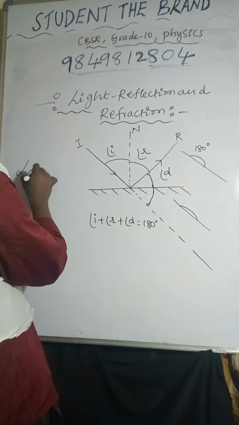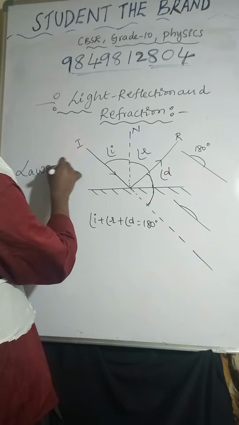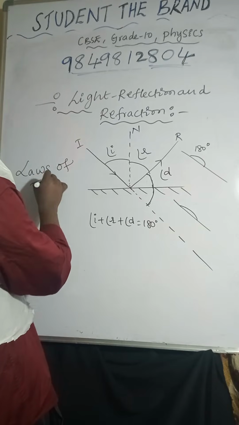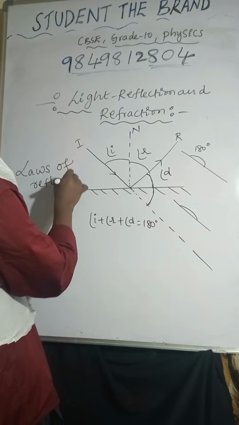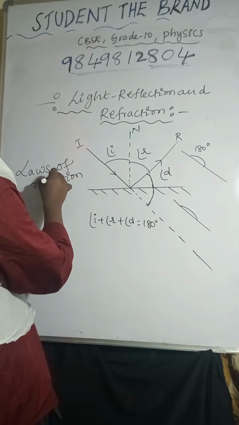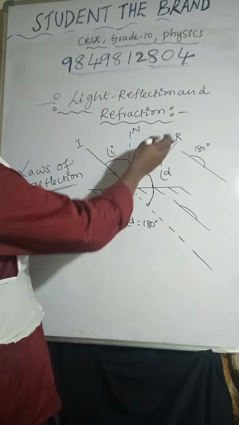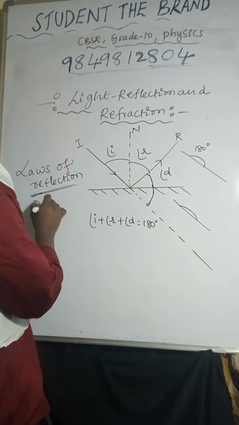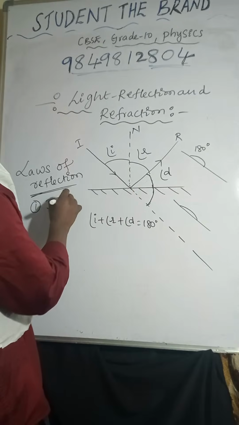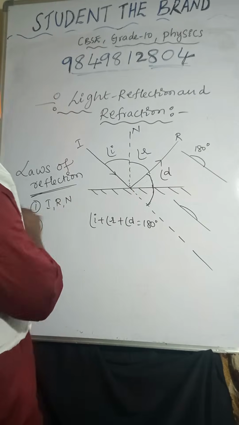Now, laws of reflection. Point number 1: the incident ray, reflected ray, and normal line lie in the same plane.